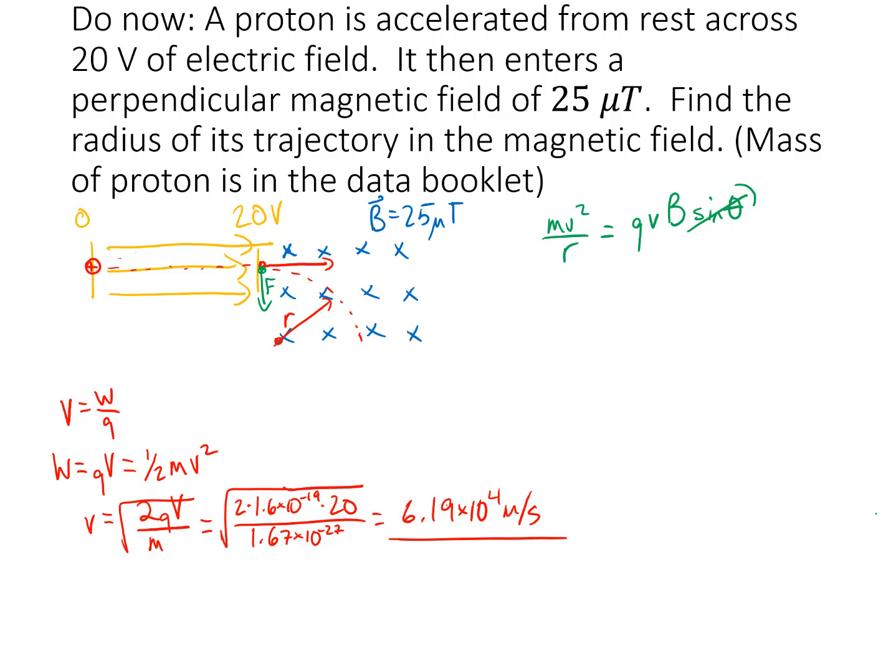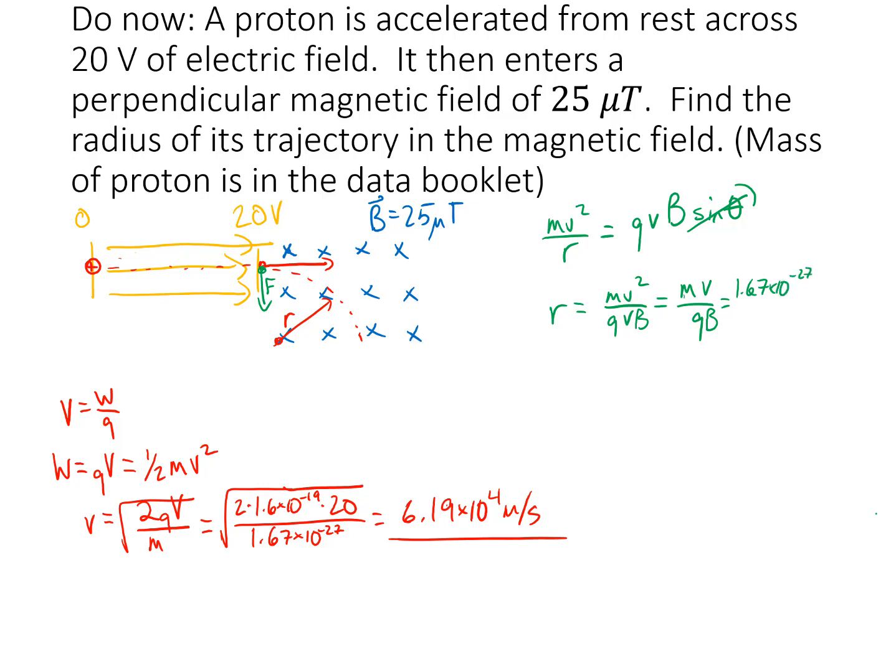So if I want to solve for r, I get r equals mv squared over qvB, which is just equal to mv over qB. Oh, I forgot a B. That's what was going wrong. So r equals mv over qB.